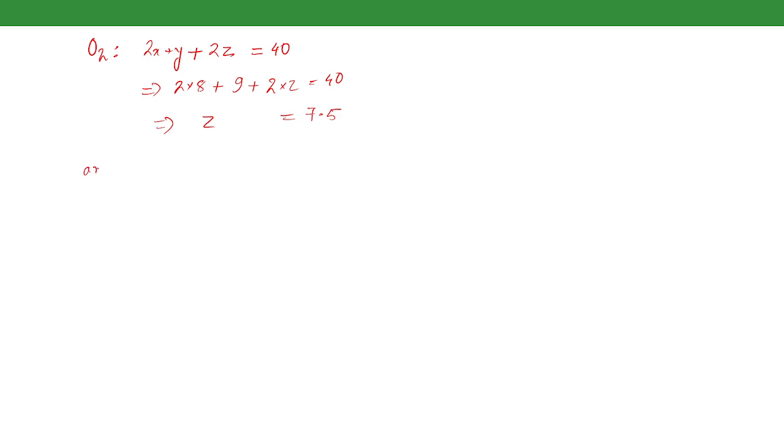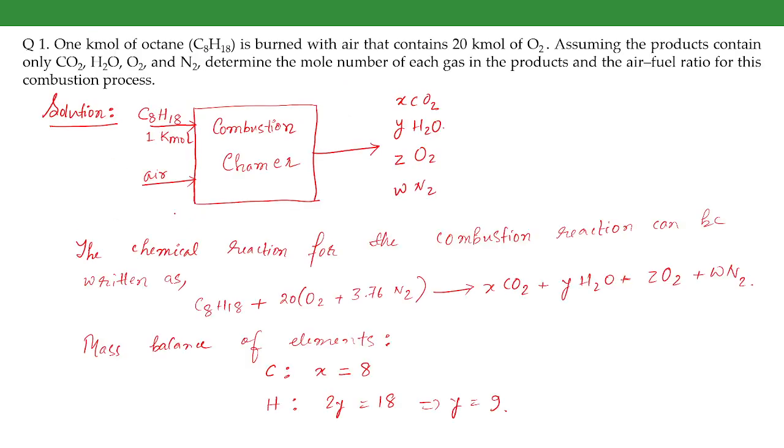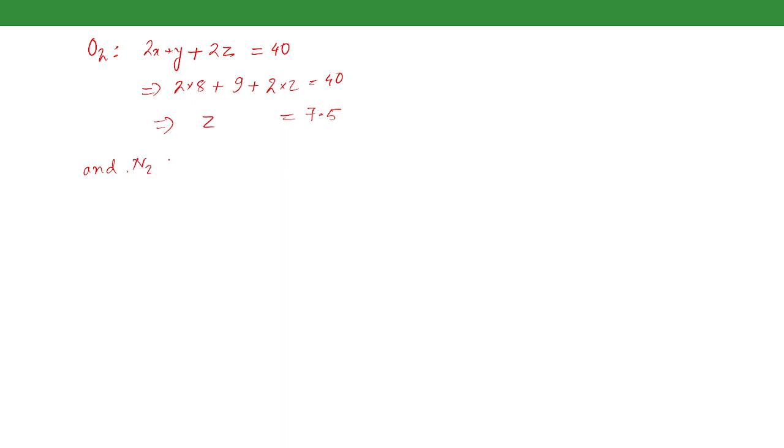And for nitrogen, if we balance it, then W will come out to be 20 into 3.76, that will be 75.2. Okay.